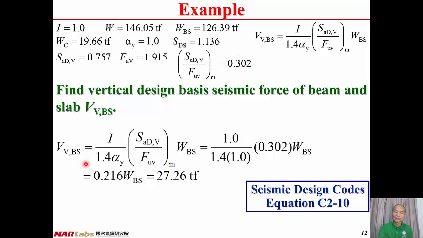Therefore, we can determine the vertical design basis seismic force of beam and slab equal to 0.216 WBS equal to 27.26 ton force after substituting WBS into this equation. And the vertical design basis seismic force is computed according to the Seismic Design Code equation C2-10.